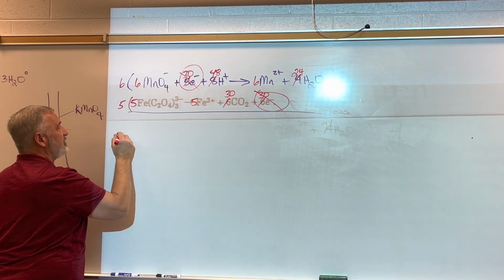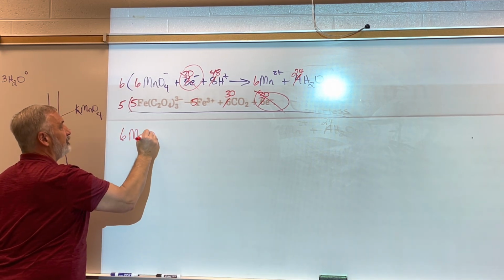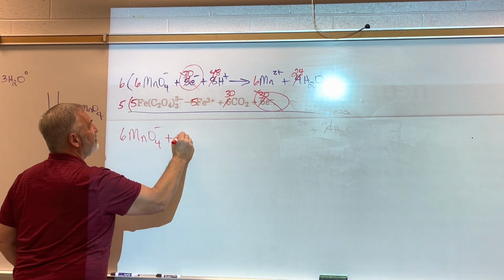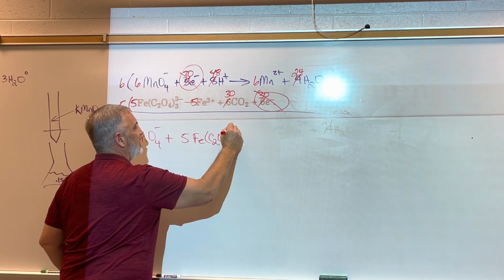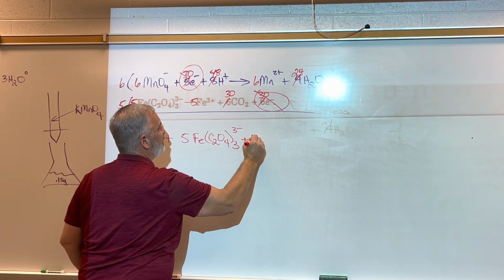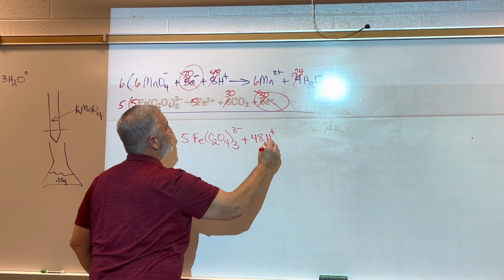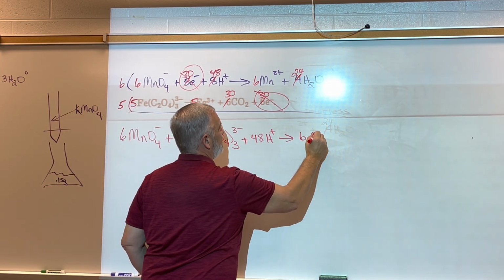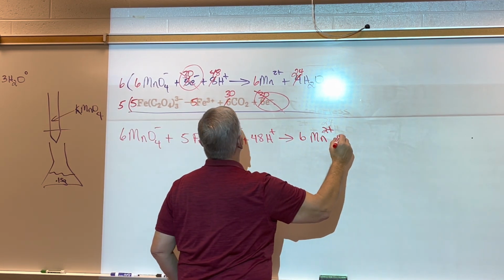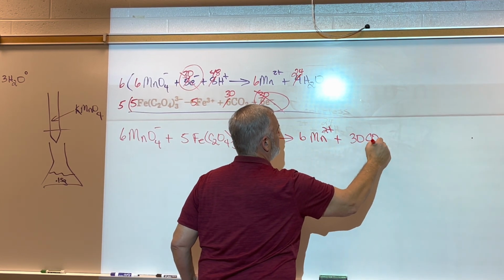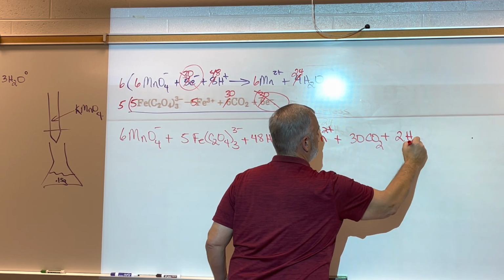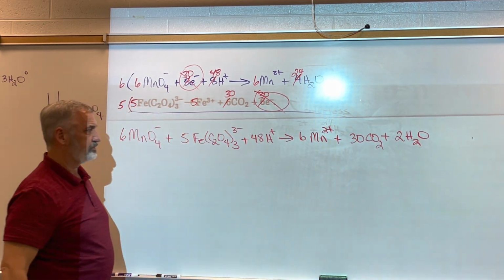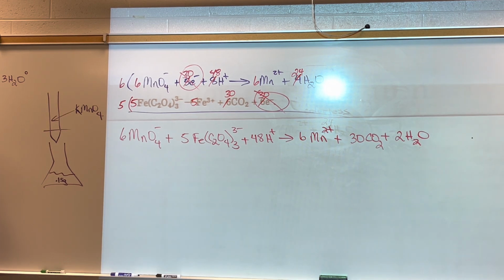So my balanced equation is 6 MnO4 minuses plus 5 Fe(C2O4)3 3 minuses plus 48 H pluses goes to 6 Mn2 pluses plus 30 CO2s plus 24 H2Os. That's the net ionic equation for the reaction that we just did.